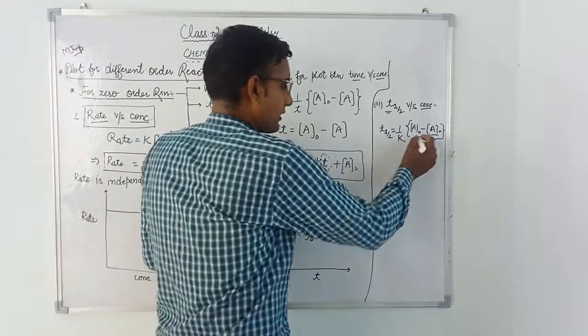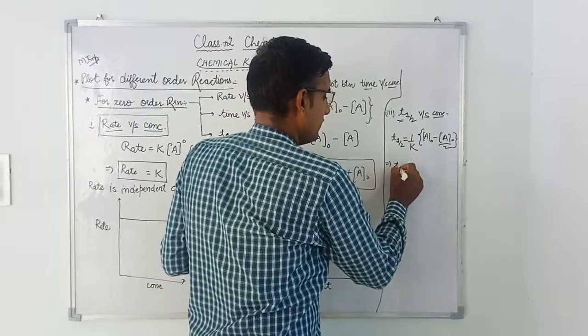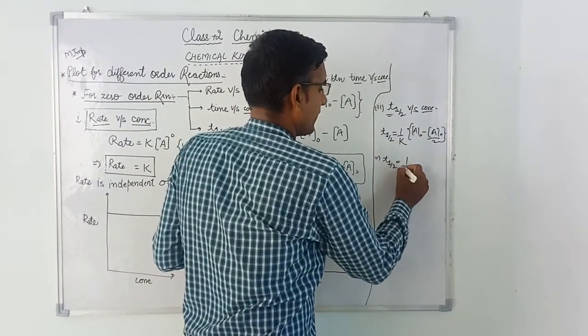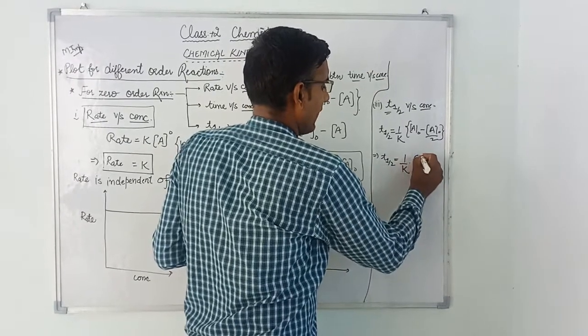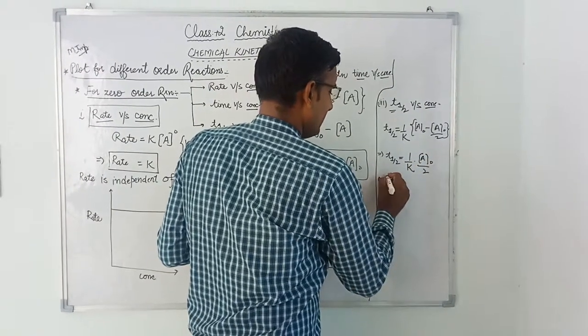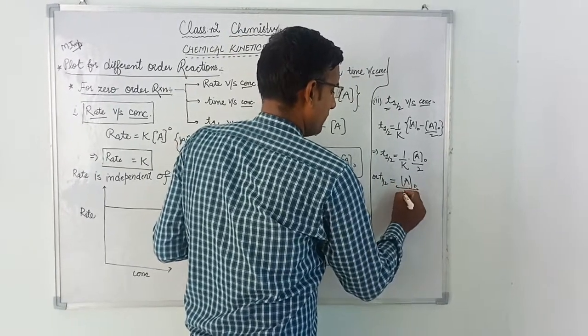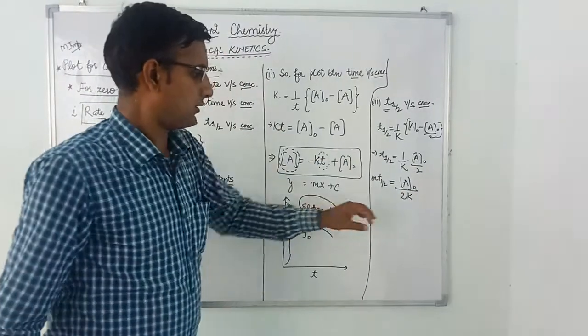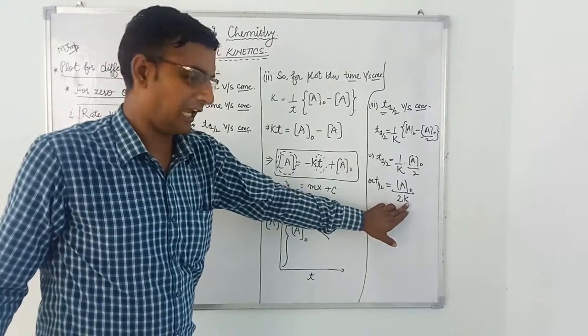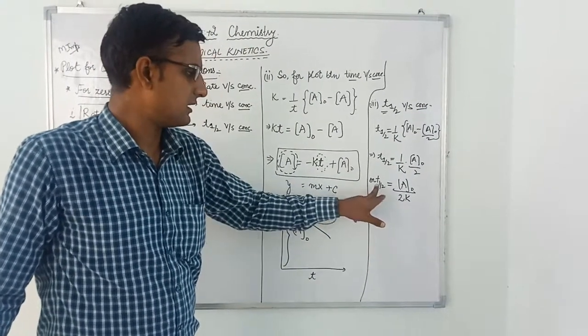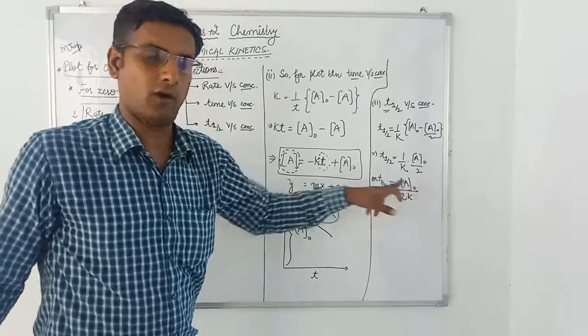On taking the LCM and doing all the calculations, we get 1 upon k into A naught by 2, or we can say that t half is equal to A naught upon 2k. 2 is constant, k is constant, which means t half is directly proportional to A naught.